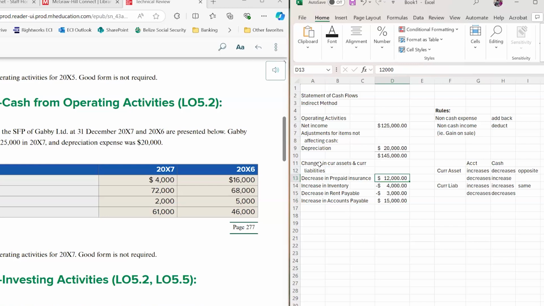Basically, we've taken our net income as a start, added non-cash or deducted non-cash as appropriate, and then every single current asset and current liability gets adjusted through here. And at the end of the day, that will give us our cash from operating activities. So I can just do a formula here.